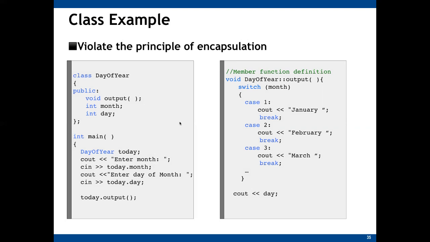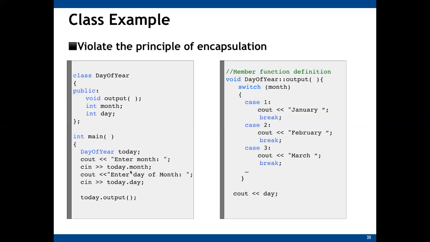So this class definition is syntactically correct, but it's not designed based on best practice. It does not follow the concepts of encapsulation, so it does not provide information hiding because these member variables are public. So the programmer can access these member variables directly using this dot operator.